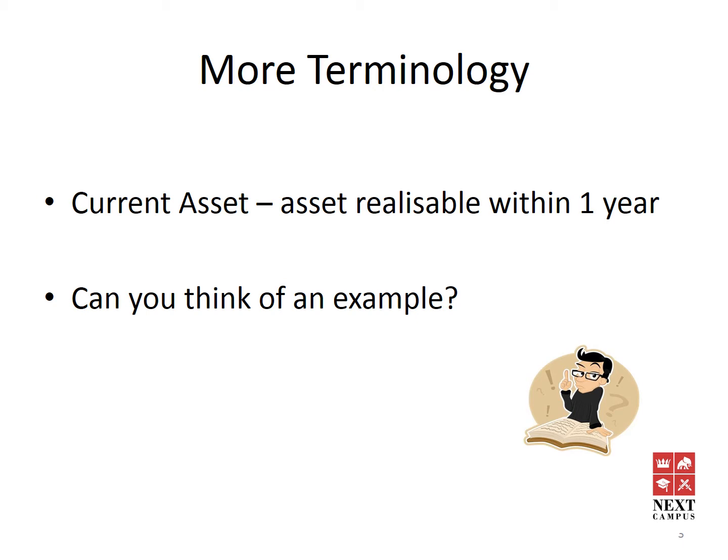Or the cash in hand in the business, or maybe the bank balance within 1 year. So current assets are assets realizable within 1 year, like cash in hand, receivables, the debtors, or prepayments done by the business.